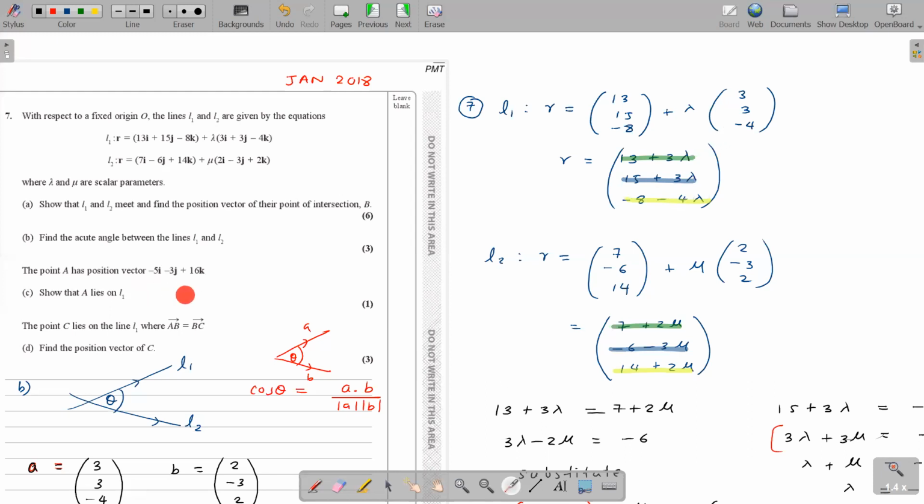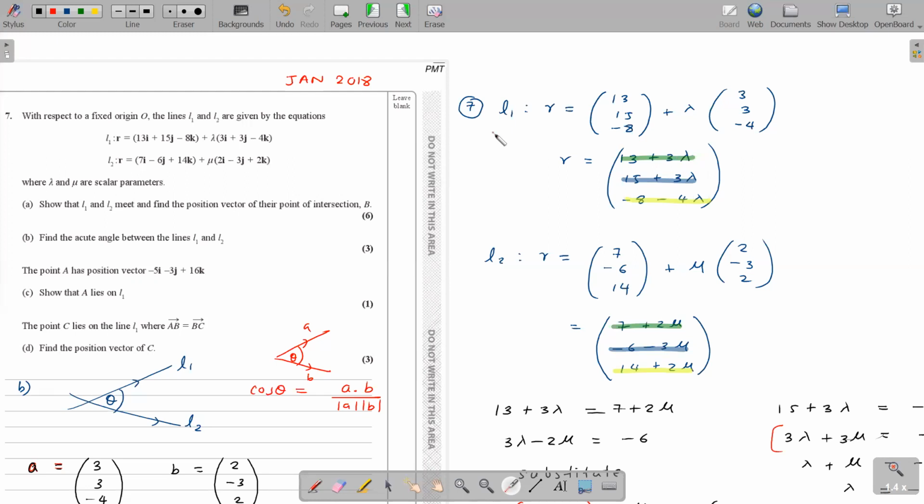Okay, so how do we find this? For the first one, you can see I have the general x coordinate here, 13 plus 3 lambda. This is the general x coordinate of any point that lies on line 1.